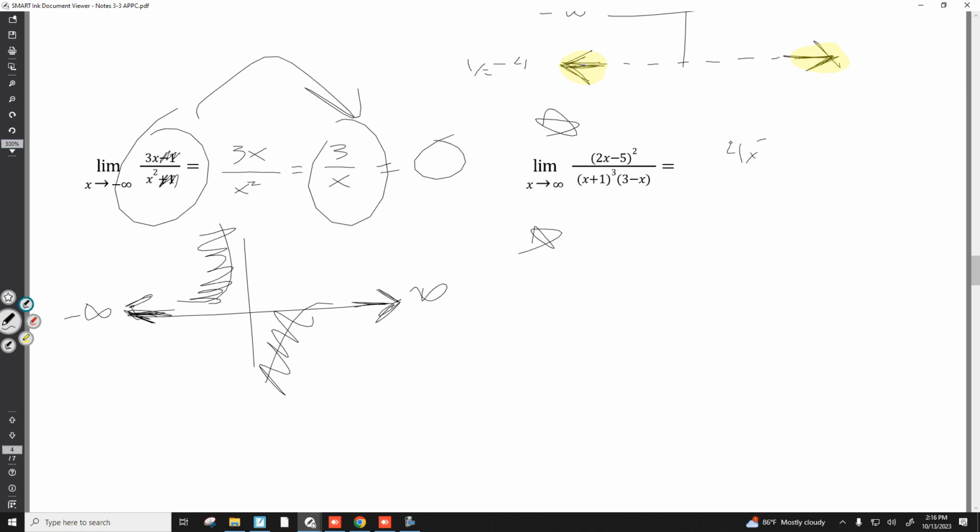4x squared over x cubed. This is 4 over x. This is negative. No, wouldn't it be to the 4th? Because it's just to the 4th. My bad. Which means this is x squared. My bad. It's different, but it's not. Thank you.